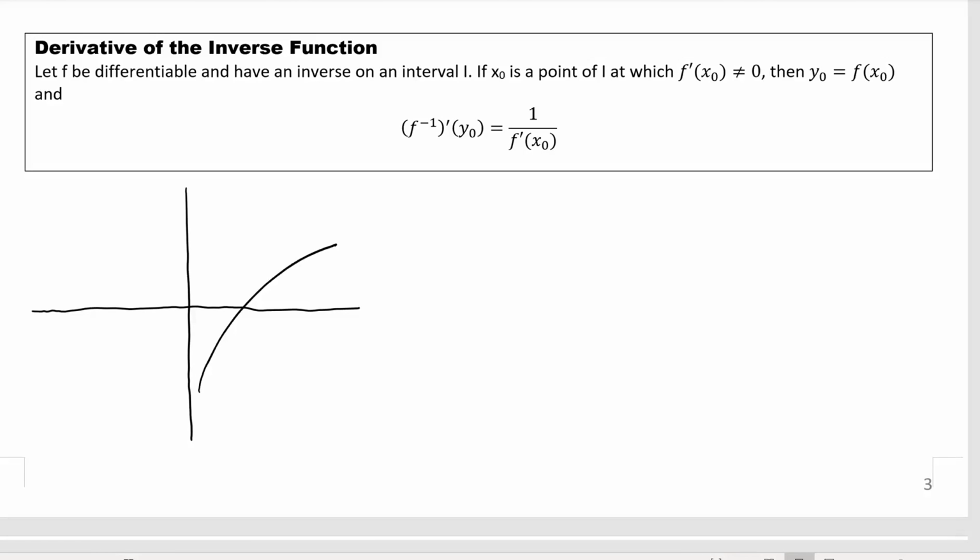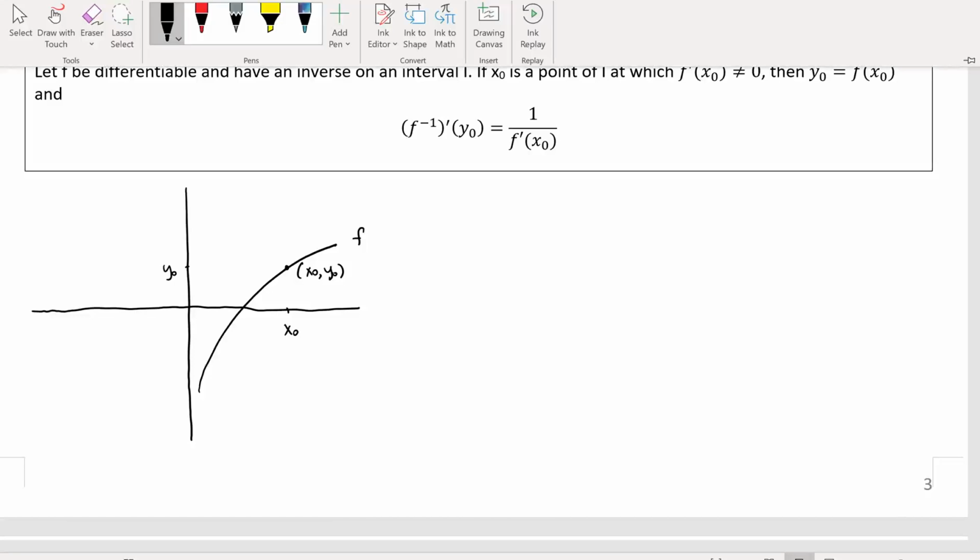Maybe like that. Let's draw this function f. And then, what is the inverse function? Let's suppose this point is x0 and this point is y0, so this point is (x0, y0).